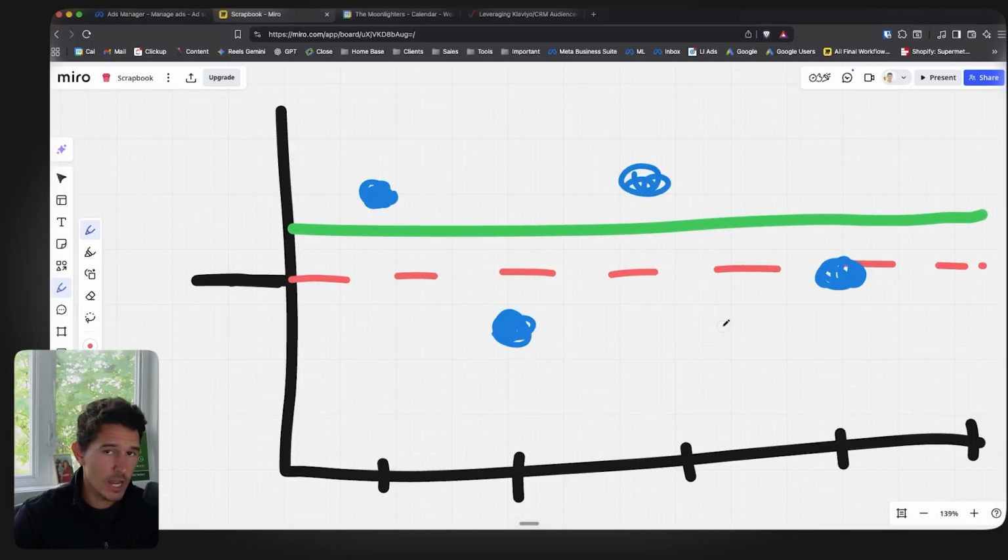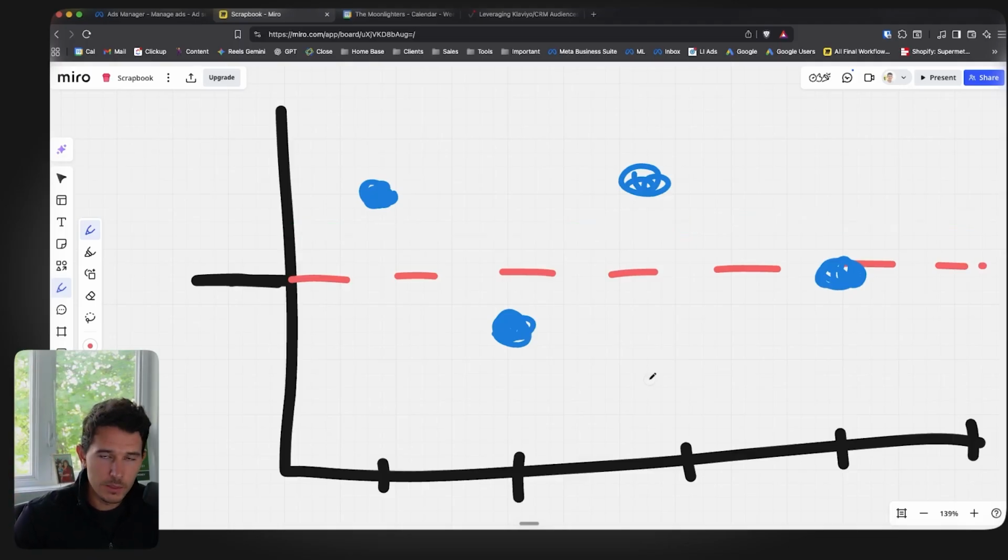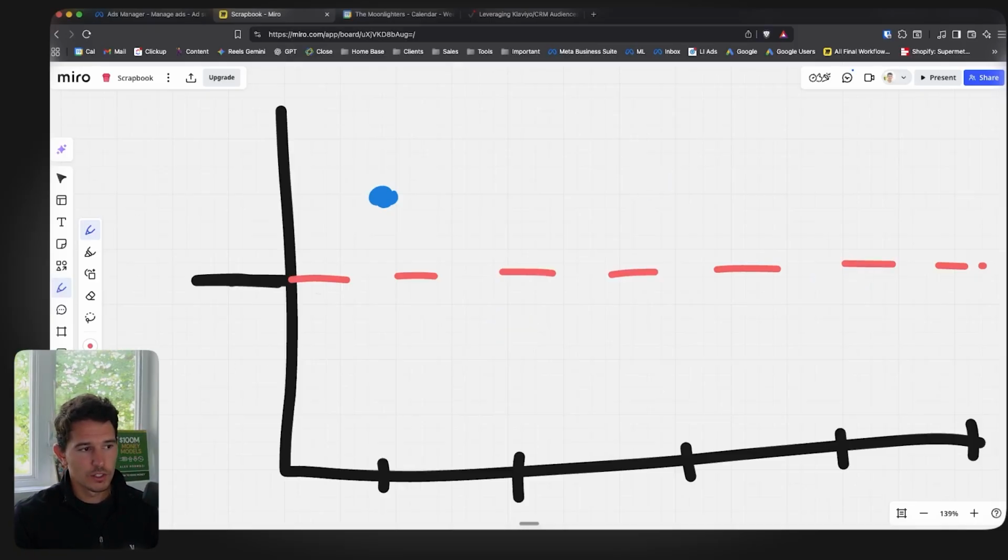If there's no cost cap in place, you set your budget, you set $1,000 a day, and it spends every single day $1,000 a day, and your cost per results generally stay the same, but they float around because there's no cap in place. In a cost cap environment, what should happen is two things. These blue dots should actually be significantly closer to your line.